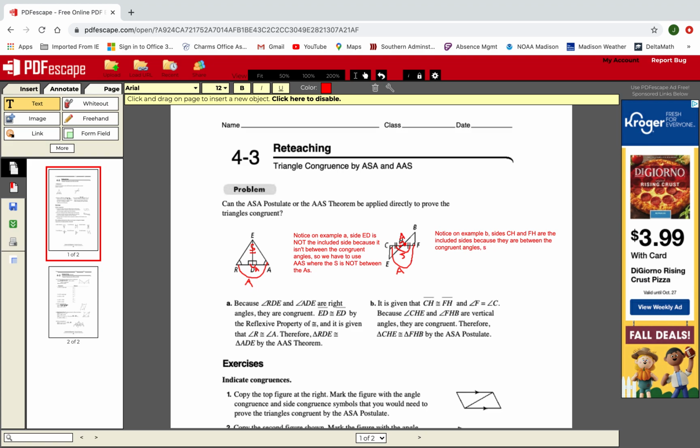So we can use angle side angle, where the S is between the A's. I hope that makes sense or translates in this video form.